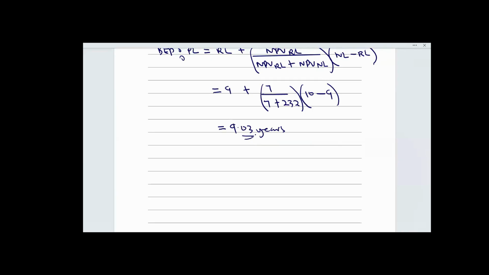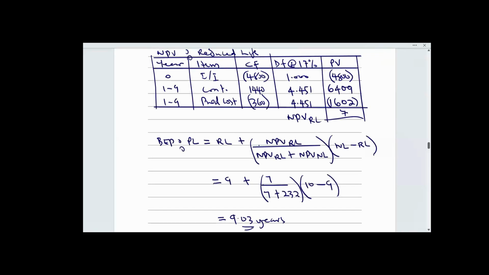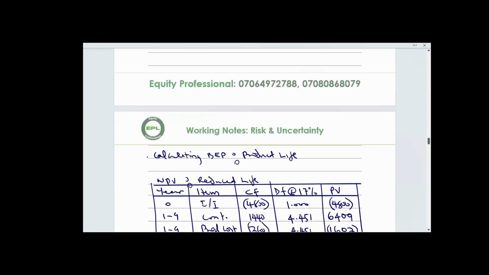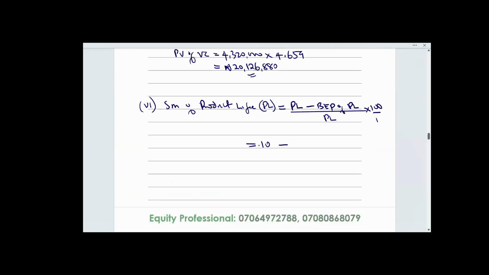So that's the break-even point of product life. I will then go back to my calculation. So here is 9.03 divided by 10 years multiplied by 100%.